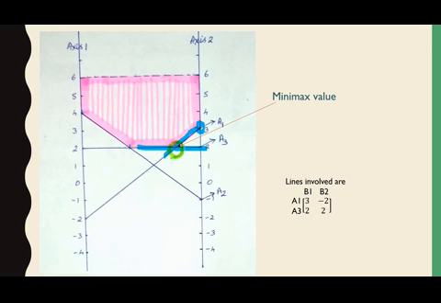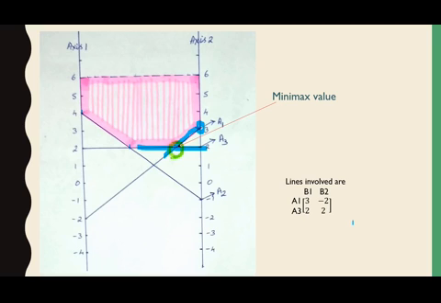This will be the point of intersection, which is showing us the minimax value. So when I consider A1 and A3 as the lines, the coordinates will be 3 and minus 2, then 2 and 2.